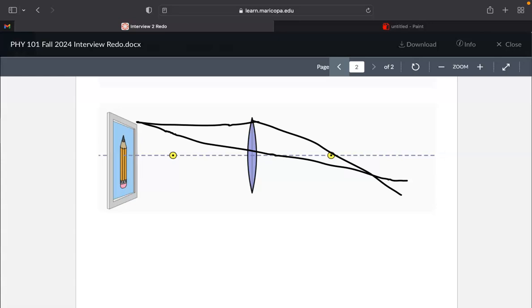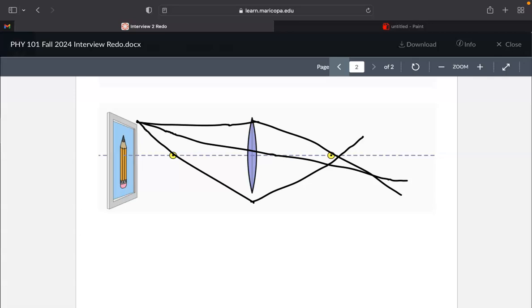So this beam of light goes this way, and then this last beam of light goes down like this through this focal point all the way down to the end, and then the beam goes back up through the focal point.